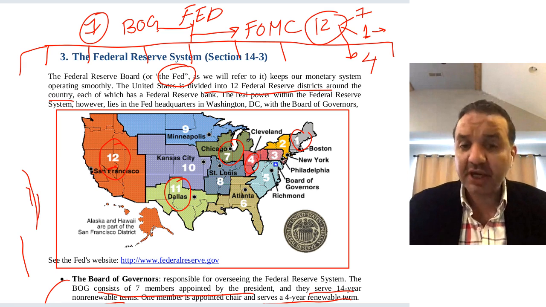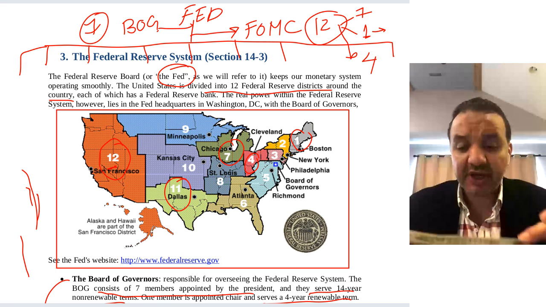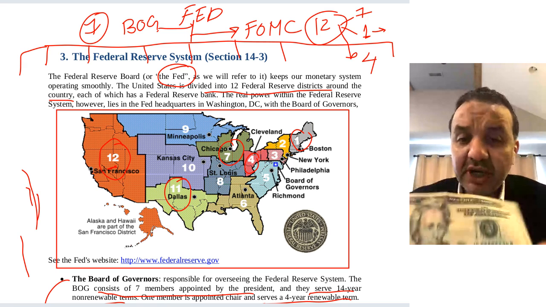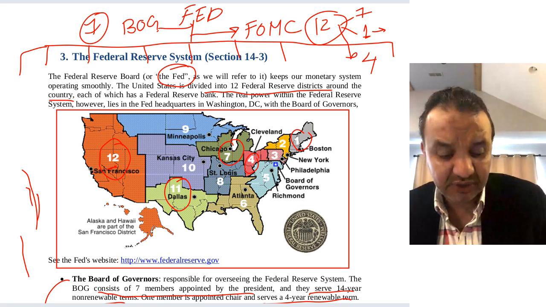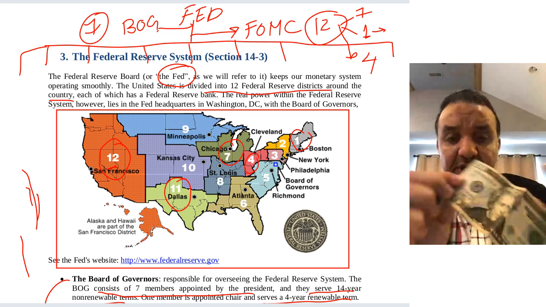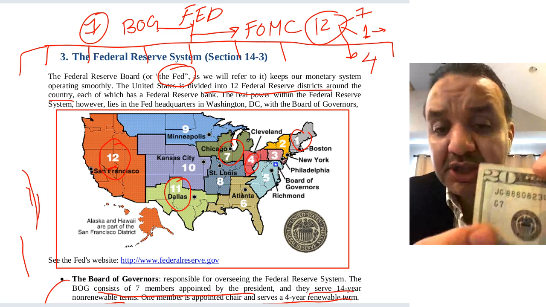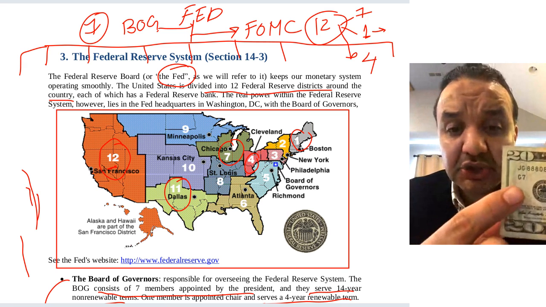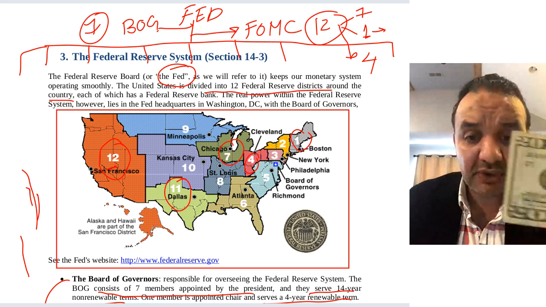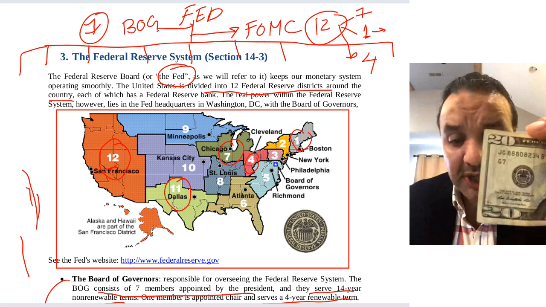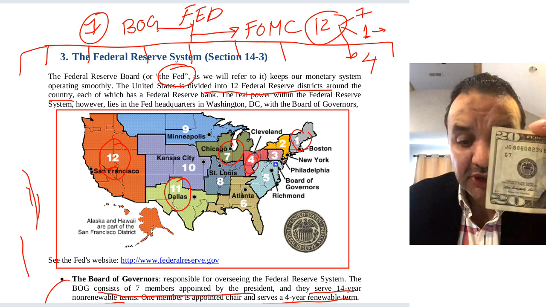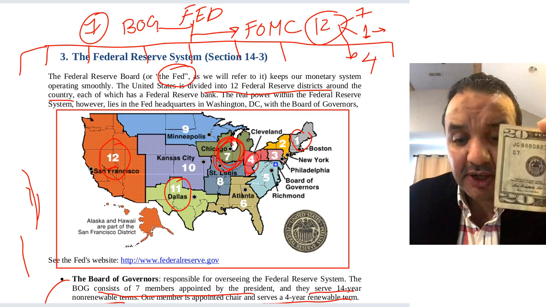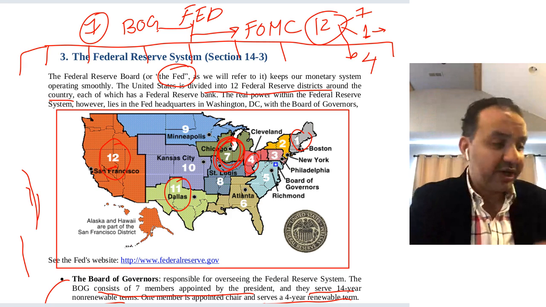If you check your wallet, let's say I have here a $20 bill. You can see here G7. This means this particular bill has been printed by the Federal Bank of Chicago.